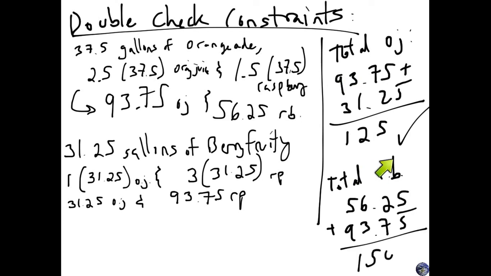Now if we take a look at the total raspberry, 56.25 of the raspberry juice from the orangeade, 93.75 of raspberry juice from the berry fruity, add it up, 56.25 plus 93.75, that is indeed 150, and that matches our constraint. We had the 150 quarts of the raspberry juice, so we're okay there. Or maybe it was gallons, I don't remember now.